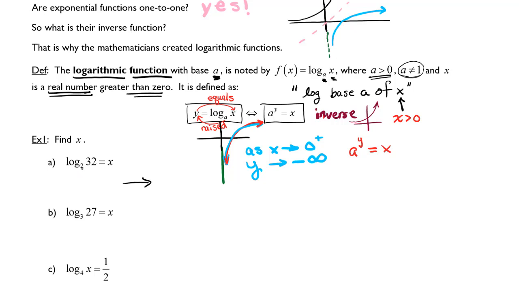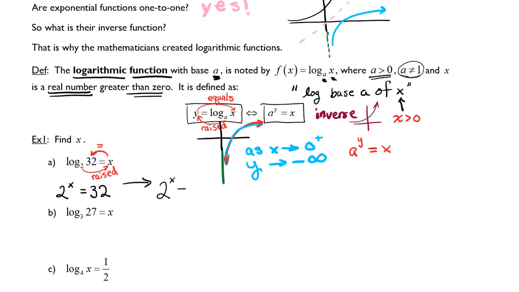So if I do that for this first example, I have log base 2 of 32 equals x. I'll take 2, raise it to the x power, equaling 32. So rewriting that, I will have 2 raised to the x equals 32.